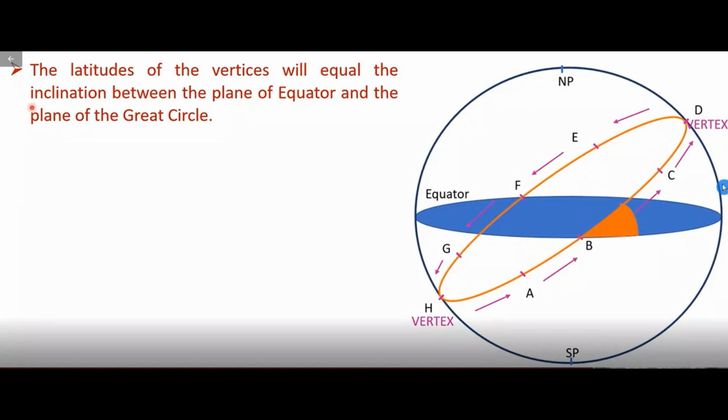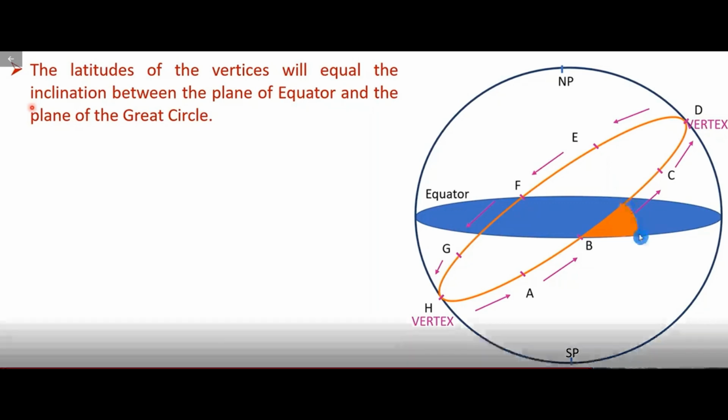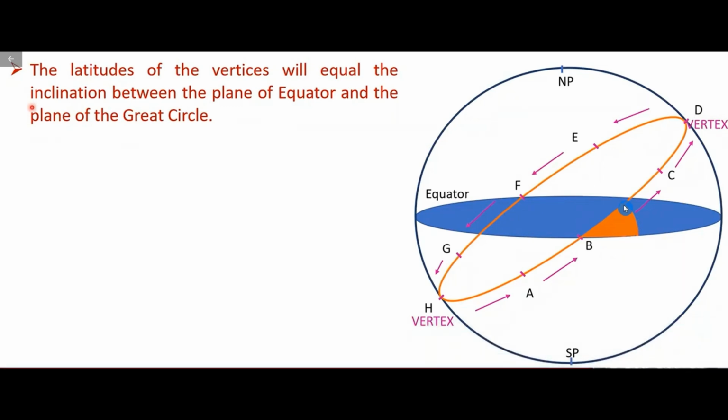You see, if the latitude of point D is 40 degrees, that means this highlighted angle, the orange highlighted angle, will also be 40 degrees. That means with respect to the equator, our great circle track is at a 40-degree angle. Now equator direction represents east-west direction. So 090 direction. If you are 40-degree north of it, your course has to be 050.